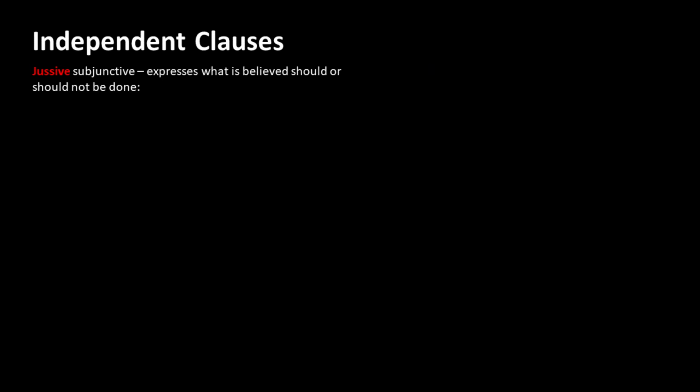I'll begin with the jussive subjunctive. And the word jussive is taken from the Latin verb jubeo, to order. It is used to express what it is believed should be done or should not be done. Let's have a look at these examples. Servum caedamus. Let us kill the slave. Caedamus. Caedo is a third conjugation verb.